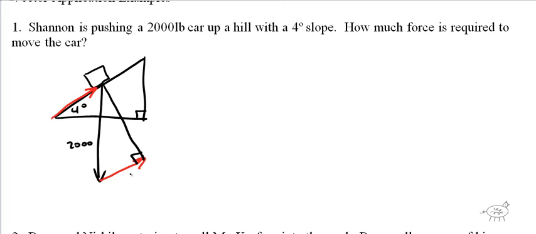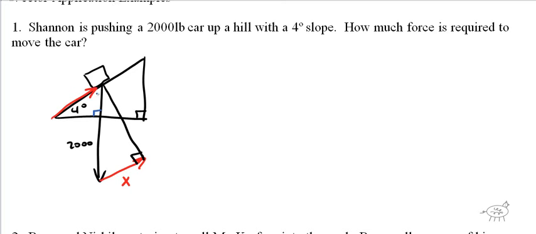Let's talk about this triangle and put some things together, because truly I am looking for this value right here, this value x or f, whatever you want to call it. Let's see what we have. First of all, these are all right angles because it's a vertical line and a horizontal line.